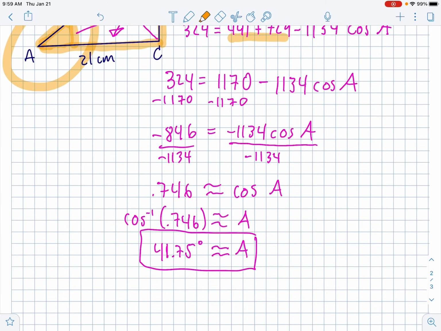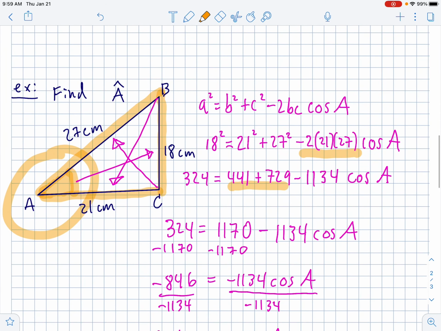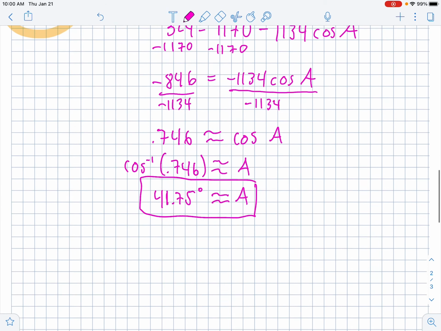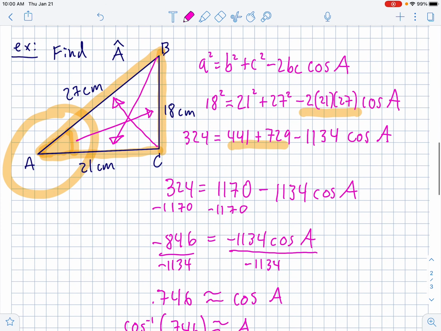If I were to beef up this problem for a test, I would probably give you this triangle and say solve for every angle. Now, the students that know how to do the law of cosines really well might spend a ton of time doing all this same process for the other two angles. But remember, now that you have an angle, like you know that this is about 42 degrees or whatever, you could use law of sines now, because now you have a solid angle and side pair relationship.